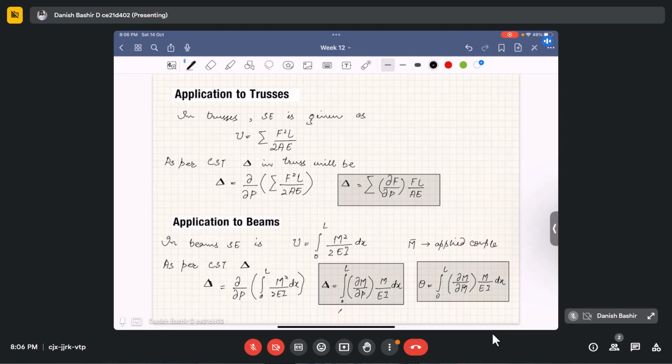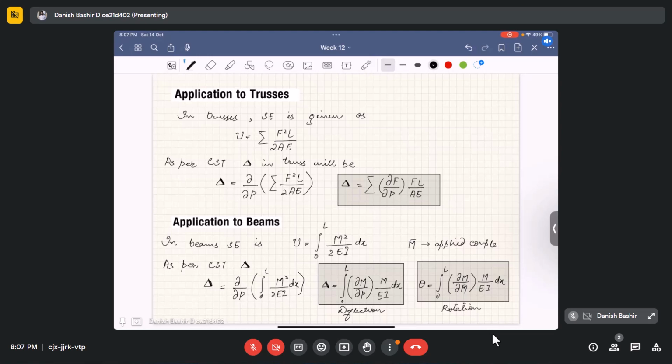So this is for deflection, this is for rotation. Hope you got these concepts.